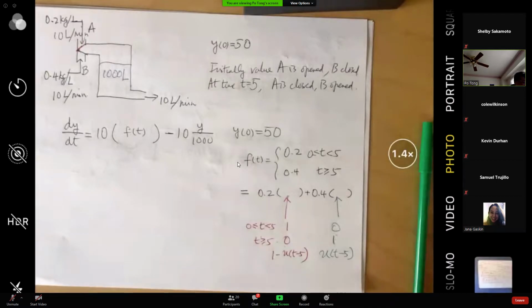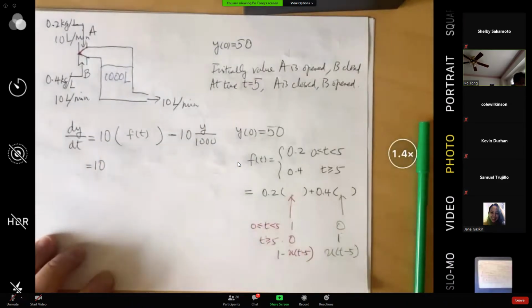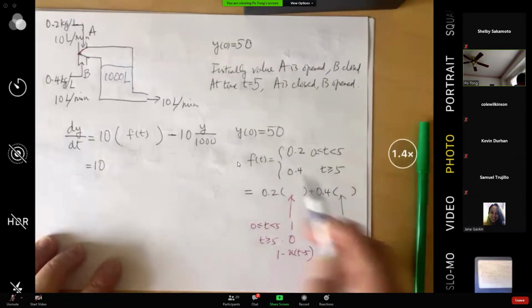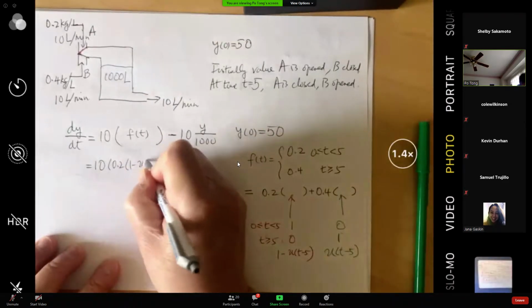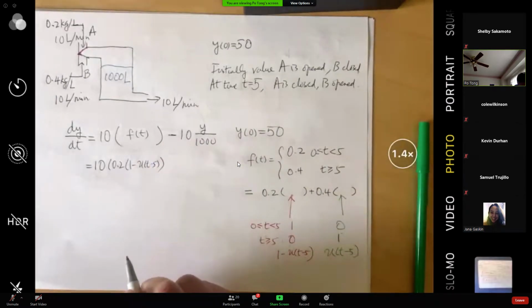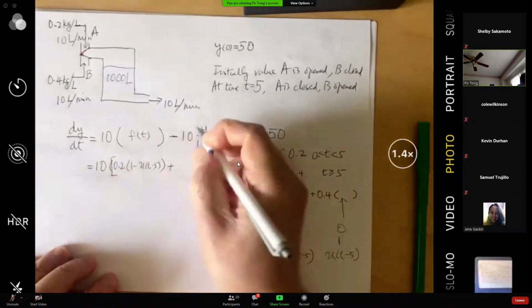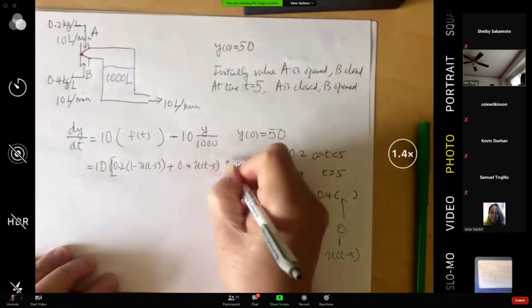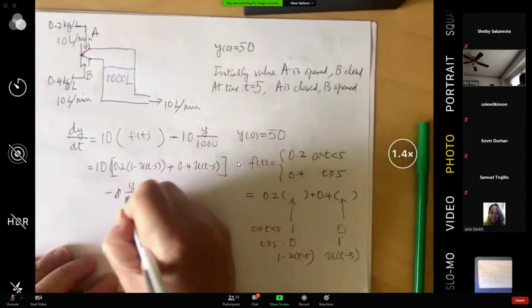Okay. So this guy is equal to 10 times f(t). This is my f(t). 0.2 times (1 minus u(t minus 5)) plus 0.4 u(t minus 5), and then minus y over 100.